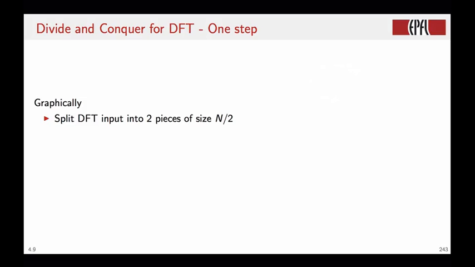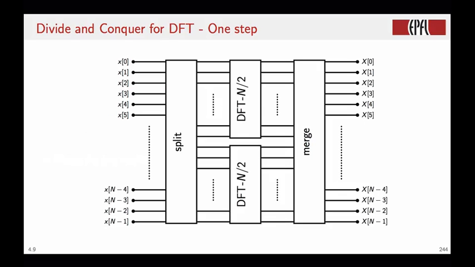Okay, so let's show this graphically. Take a DFT, cut it into 2 pieces of size n over 2, compute 2 DFTs of size n over 2, merge the 2 results. Okay, good. So let's do this. We start with x. It's a size n vector. It has entries x0, x1, etc. up to xn minus 1. Split it into 2 subproblems, the upper and the lower half, and compute DFTs of size n over 2 here and there.